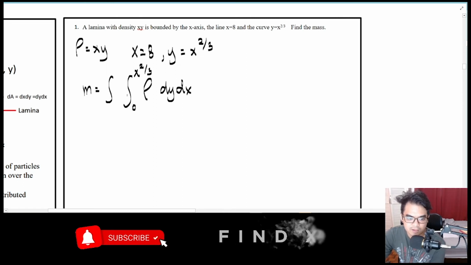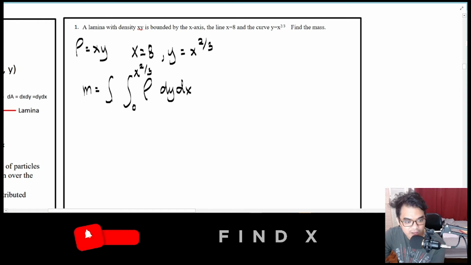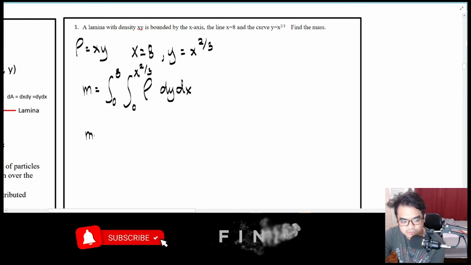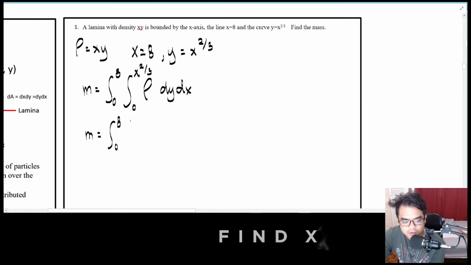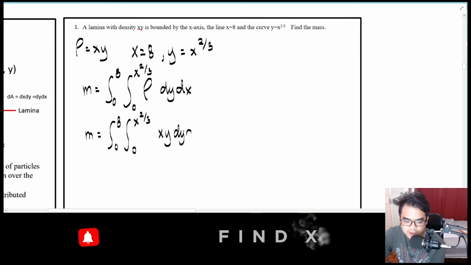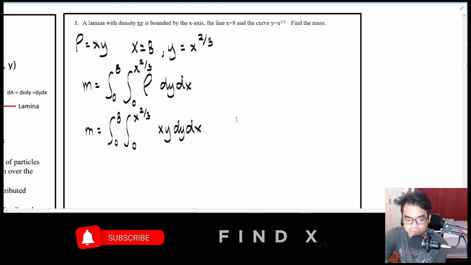The limits for the outer integral, dx, will be 0 to 8. So this is the integral from 0 to 8, of the integral from 0 to x raised to 2/3, and rho is xy, with dy dx. Evaluating this, you have to start from the innermost part.